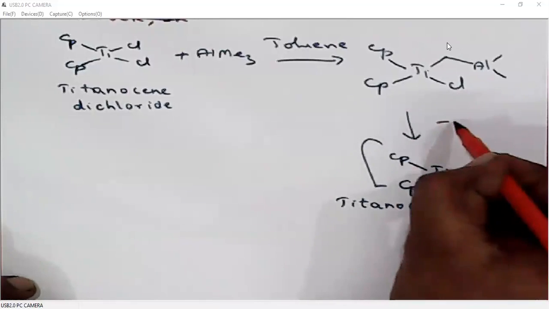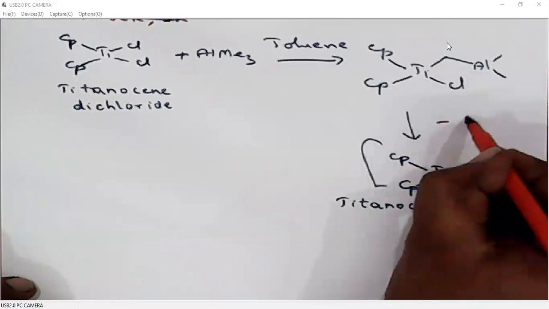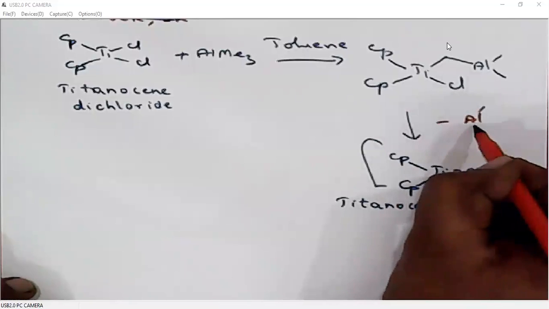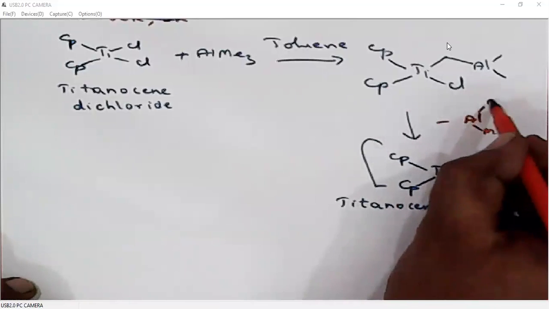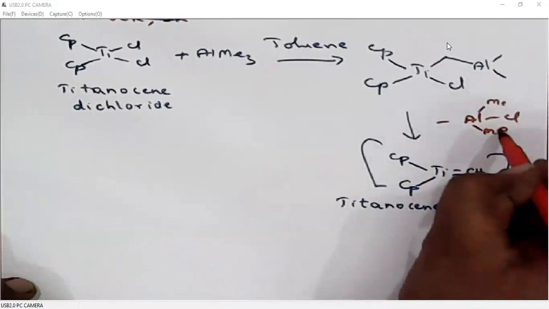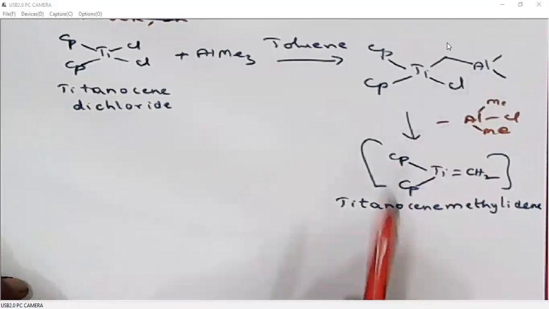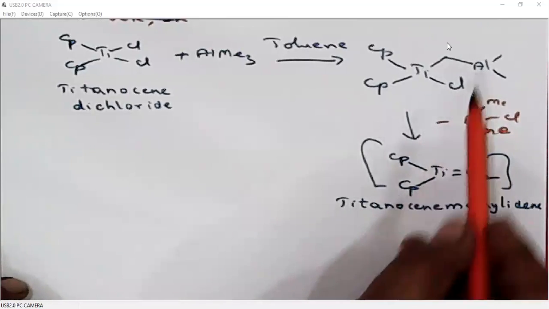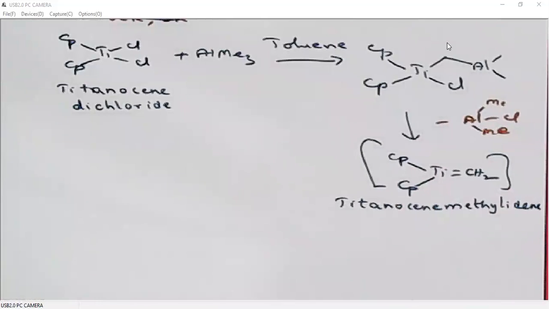Of course, here we are losing two methyl groups and HCl. When we lose this from the catalyst, we are generating this titanocene methylidene. This is the active catalyst.